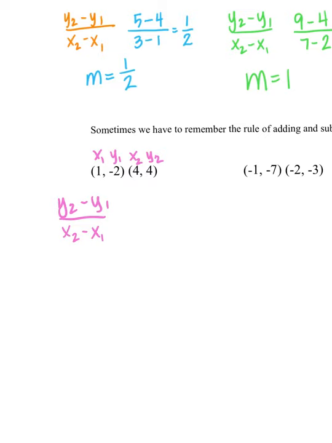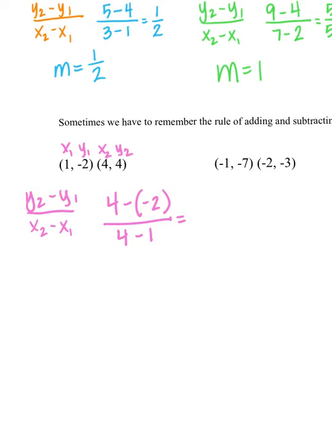Okay, I can see already that I have a negative, so I'm going to use parentheses when I write this. 4 minus parentheses, negative 2, over 4 minus 1. Because what will happen if you don't use parentheses is you will just assume it's 4 minus 2, and it's not 4 minus 2, it's 4 minus negative 2.